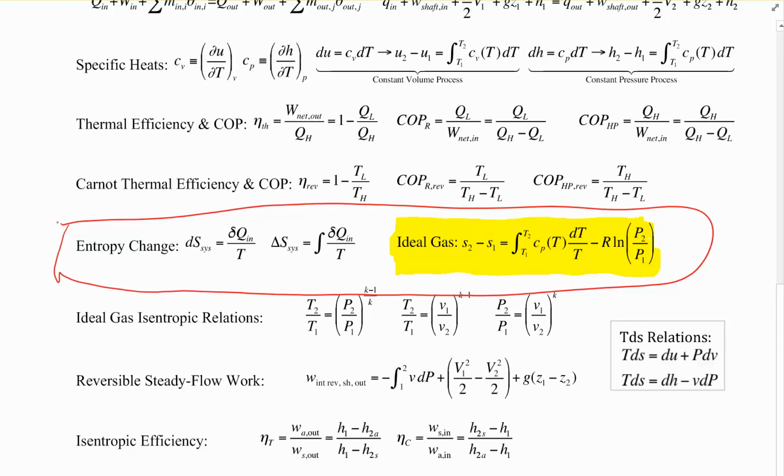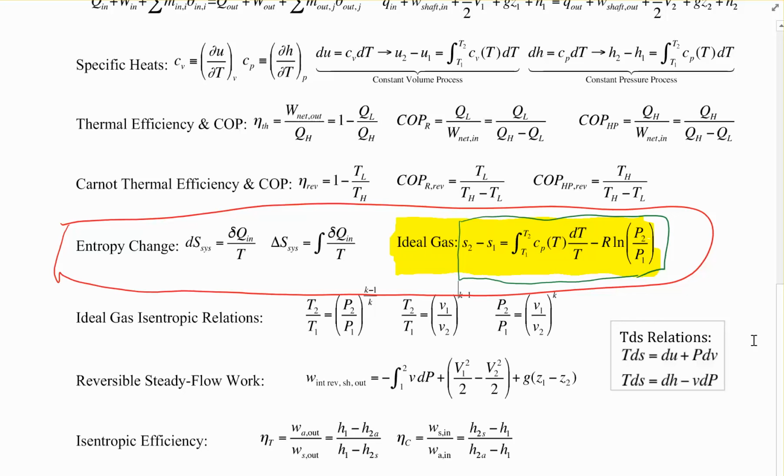The third equation, which I have highlighted in yellow, is an entropy change equation for ideal gas systems, and it's applicable to any process. If you know the condition of the system and the nature of the process, you can use this equation to calculate the entropy change of the system.